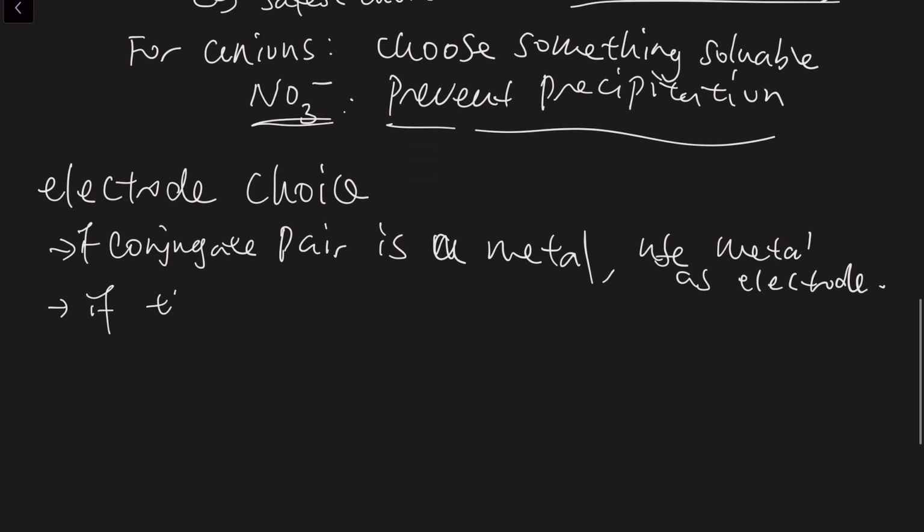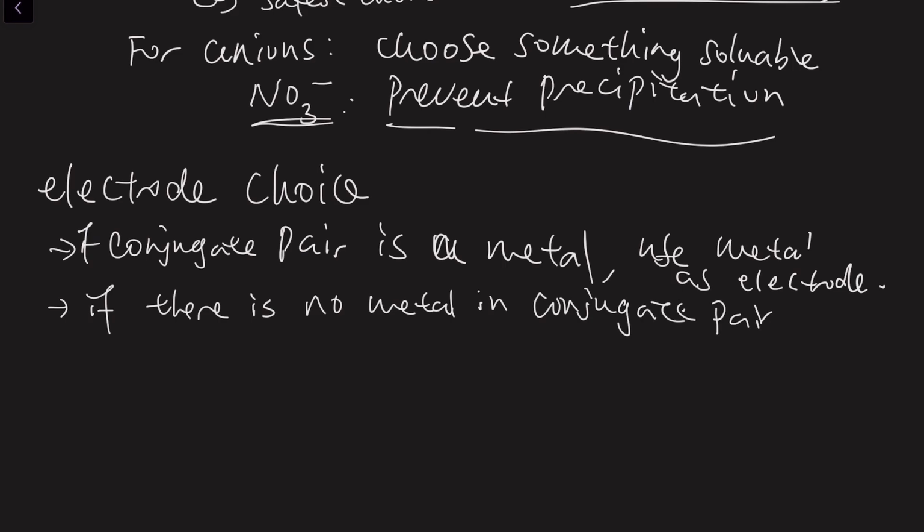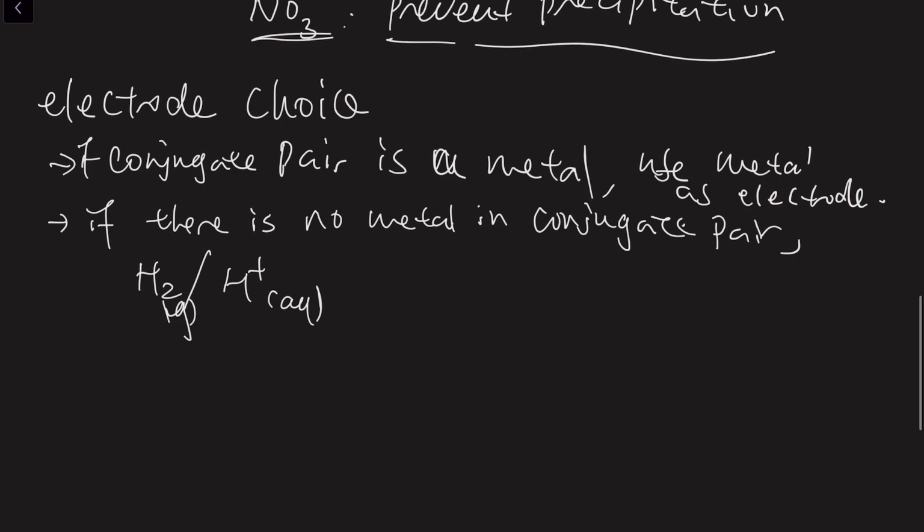And if there is no metal in the conjugate pair, for example these two species, then we need to choose something different.